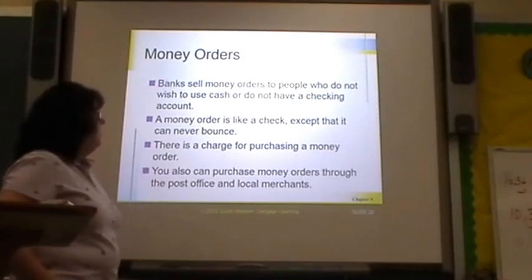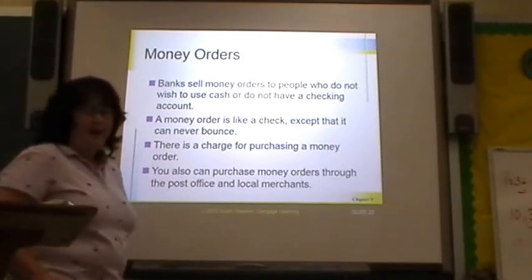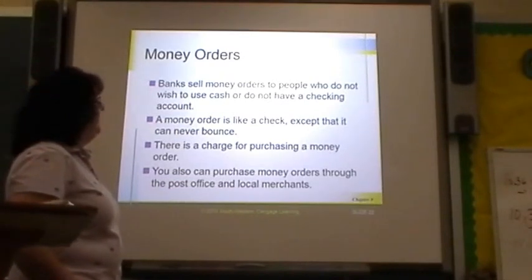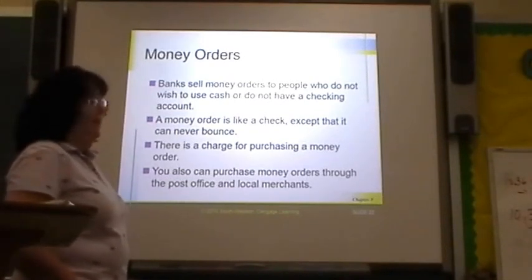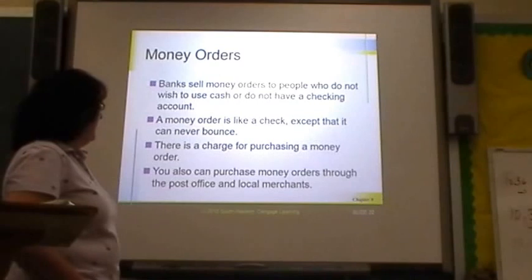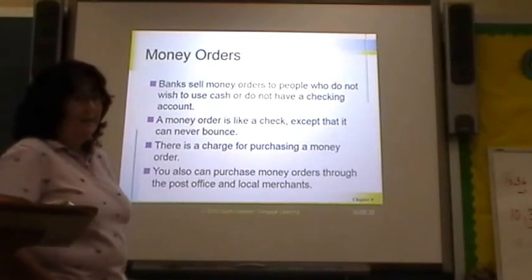Banks sell money orders to people who do not wish to use cash or do not have a checking account. A money order is like a check, except that it can never bounce. There is a charge for purchasing a money order, and you can also purchase money orders through the post office and local merchants.